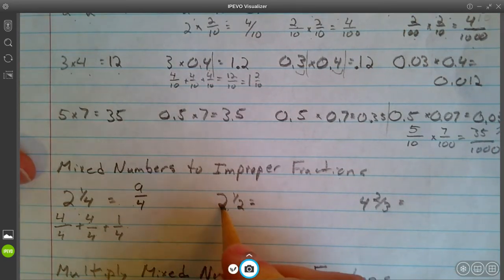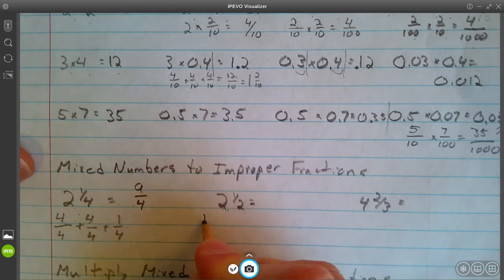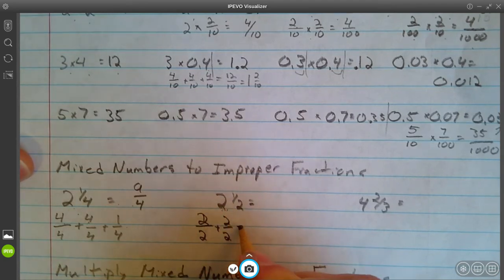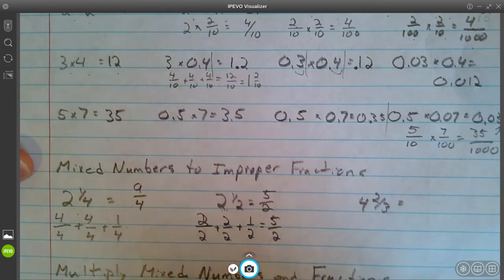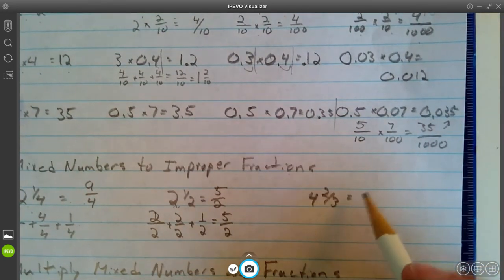And here, how many halves are in 2? 2 halves, that's 1, plus another 2 halves, that's 2 wholes, so 2 wholes, plus 1 half is 2, 4, 5 halves. There's your improper fraction. And then there's the shortcut, right?